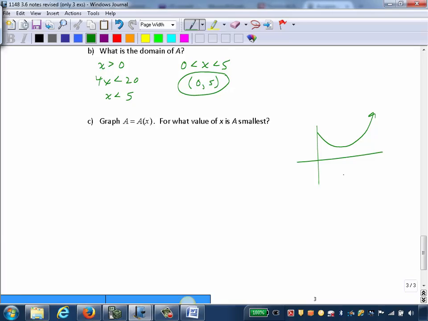And I suggest that you record the viewing window, so if you want to go back and check this, you know what viewing window we used on the graphing calculator. So we went from 0 to 5 with a scale of 1 on the x's. And then we went from 0 to 35 with a scale of 5 on the y-axis. Again, not the only viewing window that works, just one example.